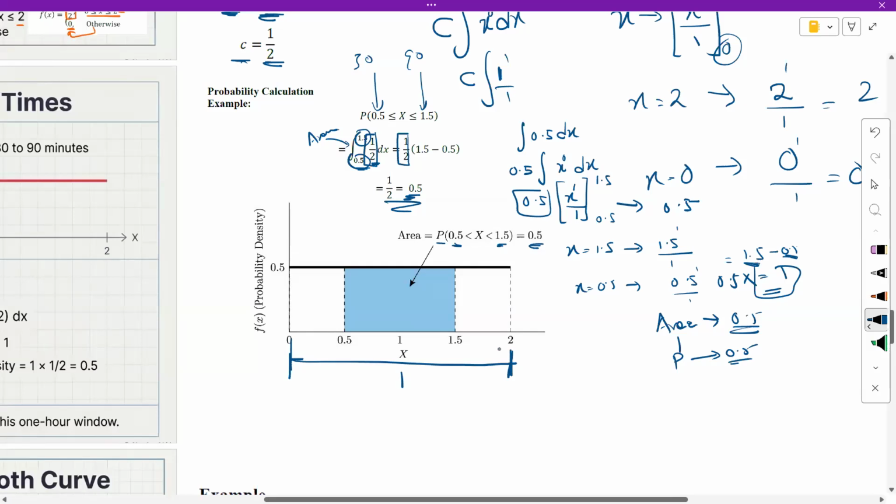That is a uniform distribution function. Total area 1. Now the question is, what is the probability of a customer who waits half an hour to 1.5 hours? So the probability equals 0.5. There is a 50% chance a customer may wait 0.5 to 1.5 hours.